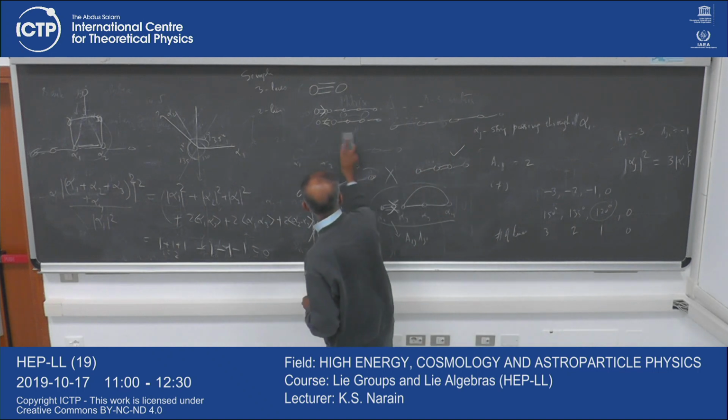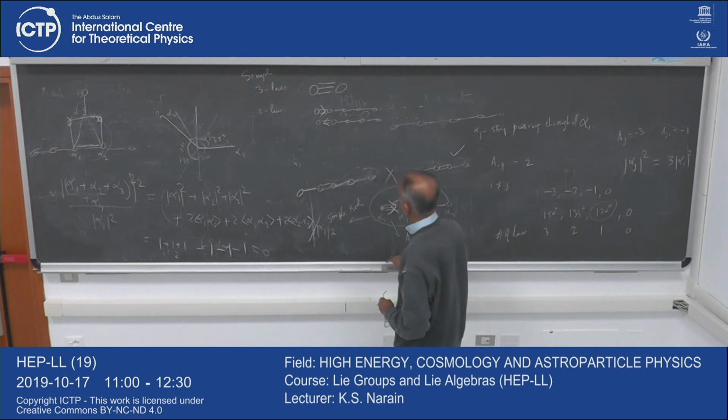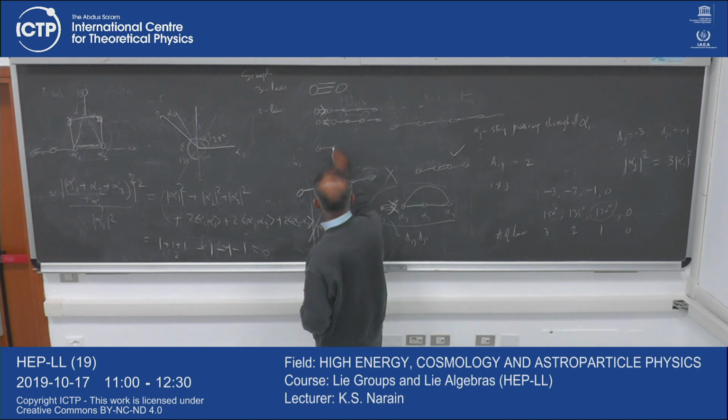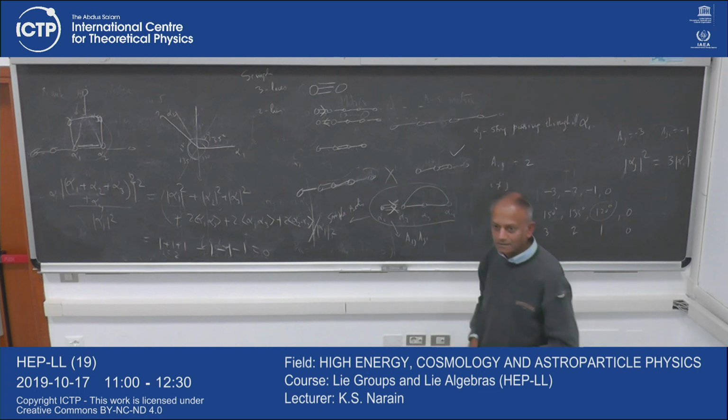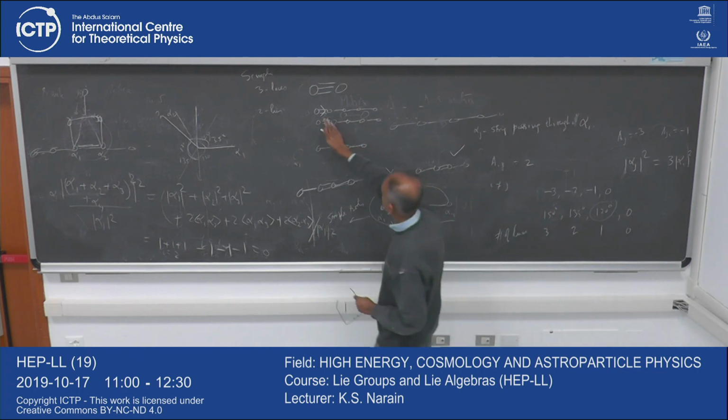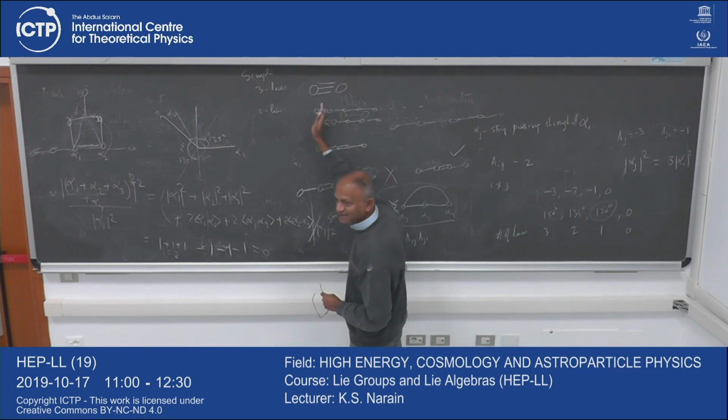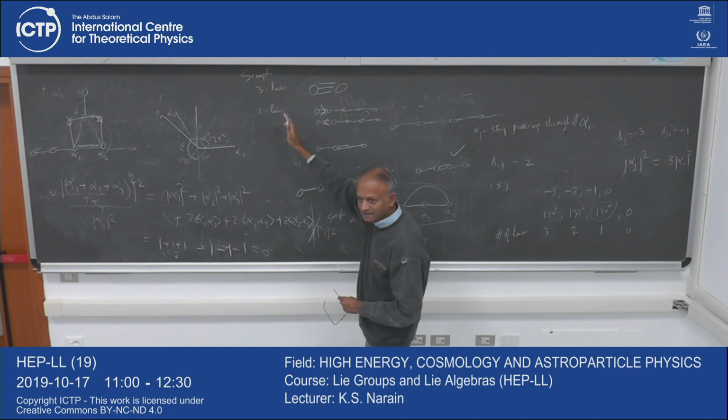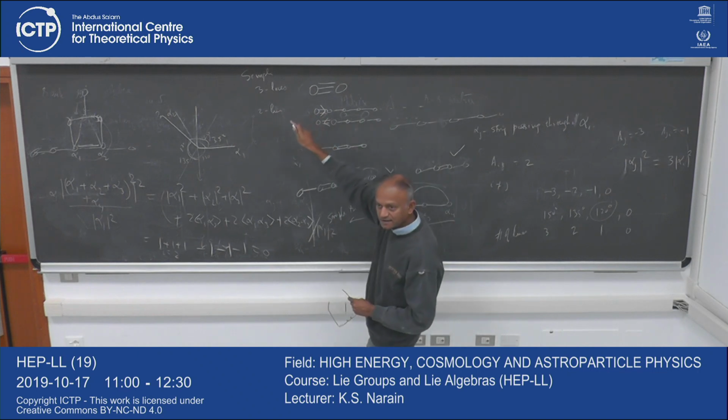Then the only other possibility with the 2 lines is this one here. So these 2 lines are at the end of the chain. Think of this as a chain.